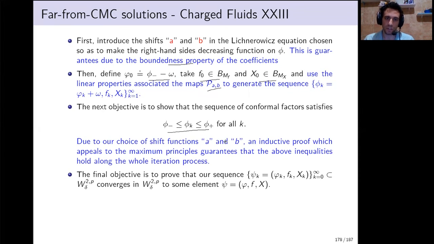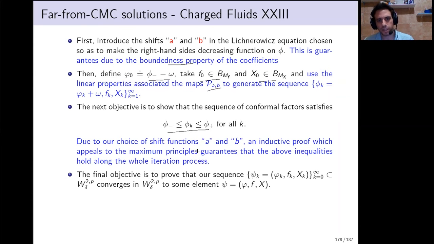The choice of our shift functions A and B, giving us these monotonicity properties, allows for an inductive proof which appeals to the maximum principles as usual. This is all explained in detail in the lectures and follows along the lines of what we explained for the Lichnerowicz equation alone.